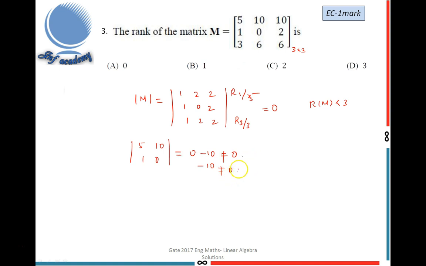So finally I got at least one square submatrix of order 2 that is non-singular, that means its determinant is not equal to 0. So the rank of the matrix equals 2. So the final answer is 2.